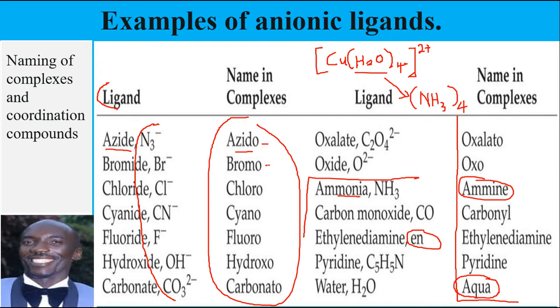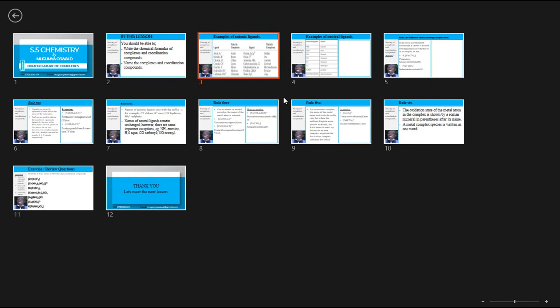Bromo, chloro, cyano, fluoro, hydroxo, carbonato. This is an oxalate, turns to oxalato, an oxide turns to oxo. So you can see all of them end with O, as long as that ligand is negatively charged, or what we call anionic. So we can continue.